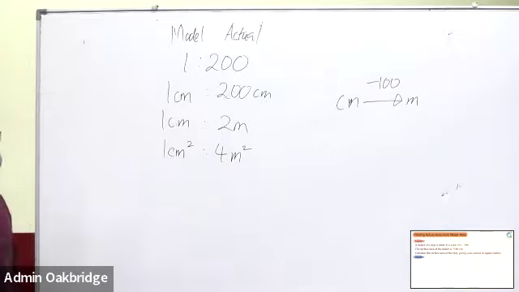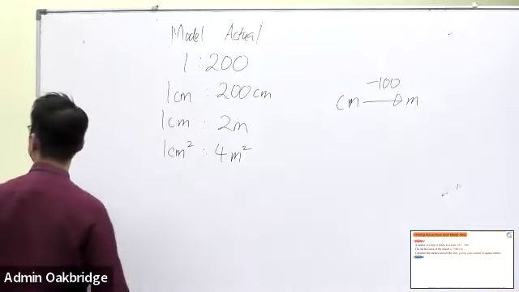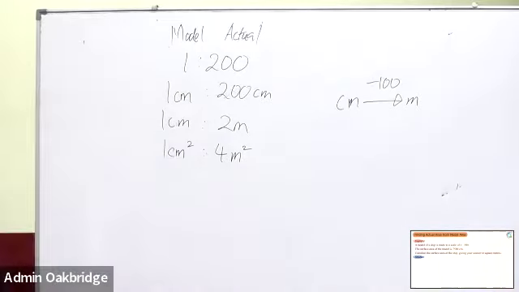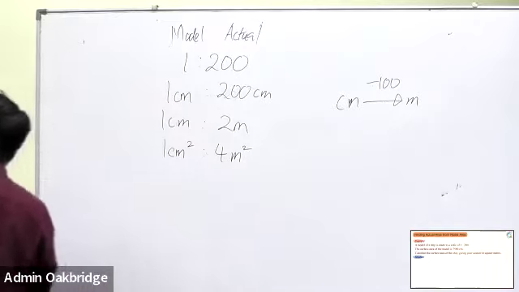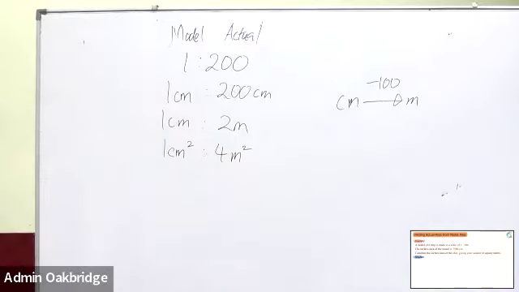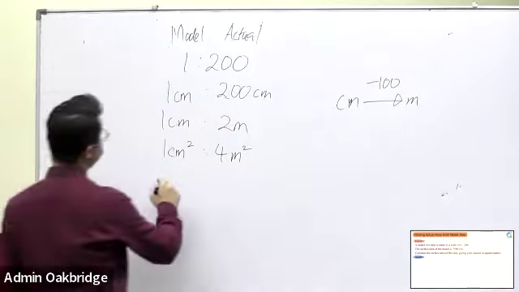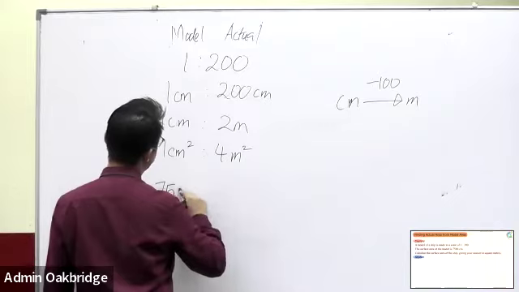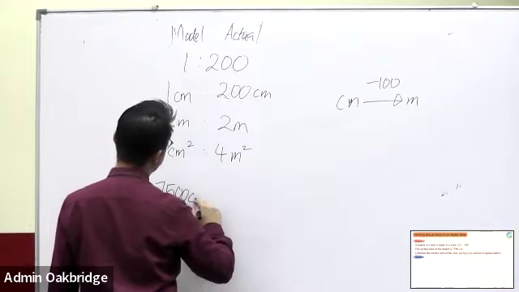And then we start to find the surface area of the actual ship, given the surface area of the model, 7,500 cm squared. There's a missing square here.